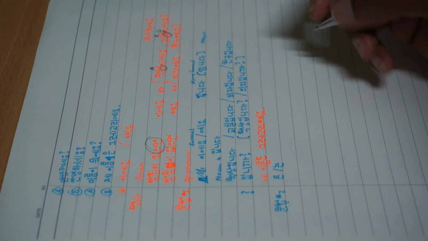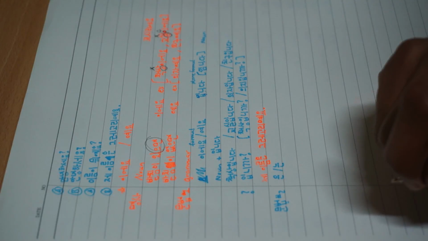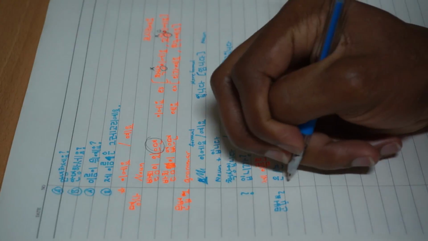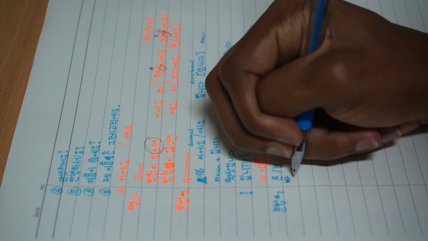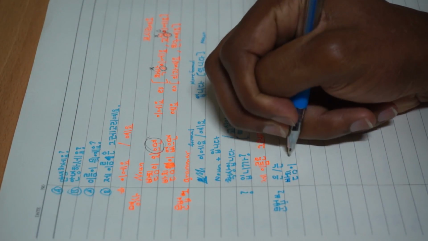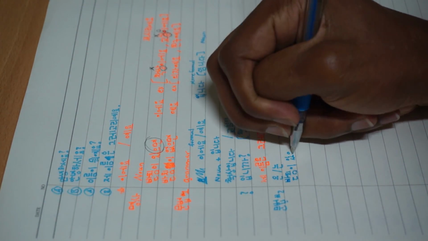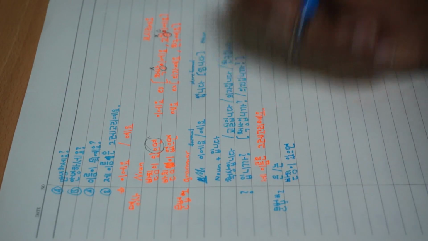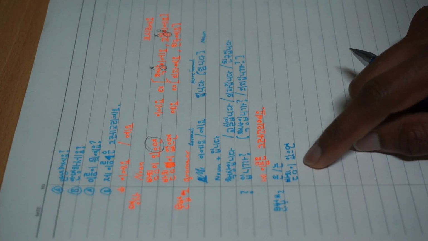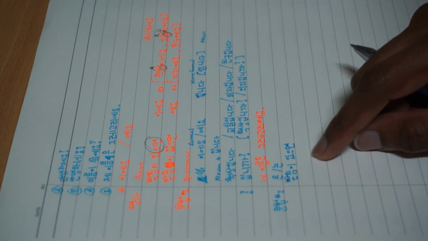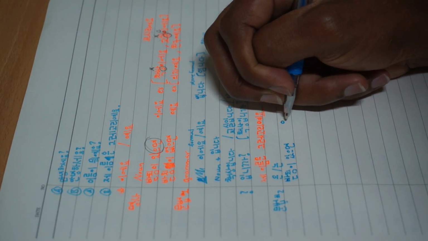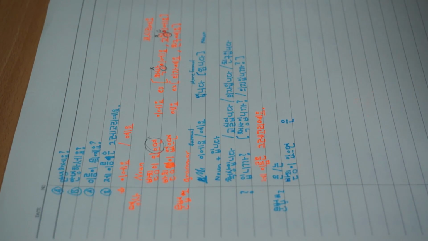So here it's the same thing: 받침이 있으면, if there is a pachim, or an ending consonant, then you use un.